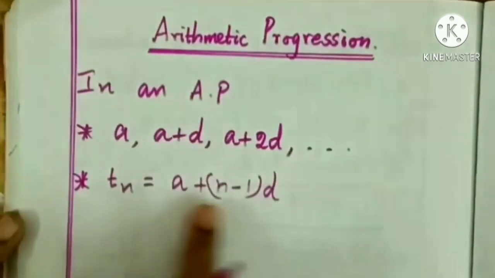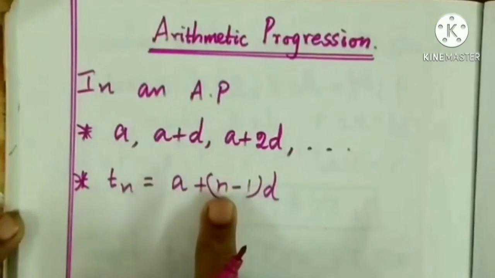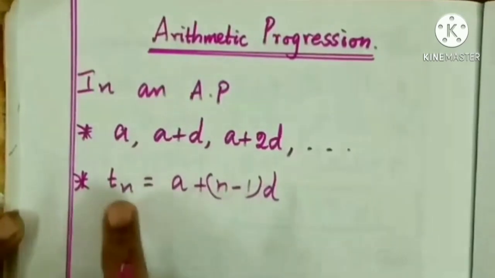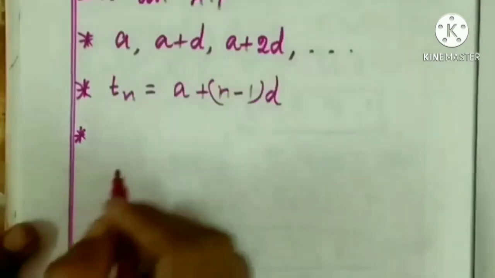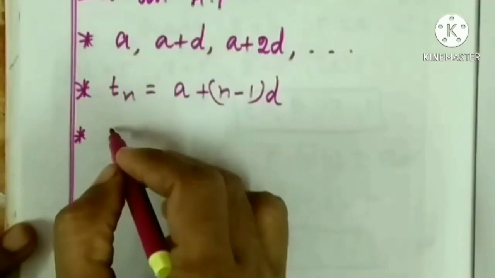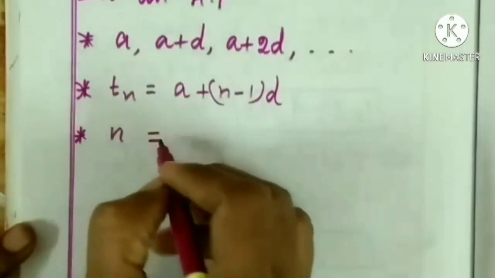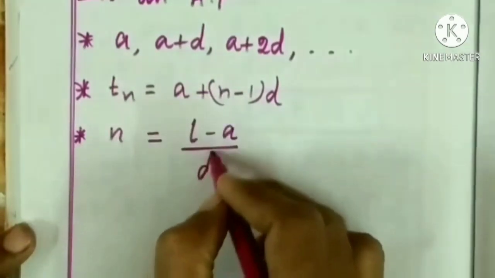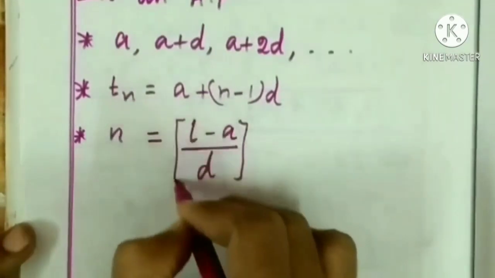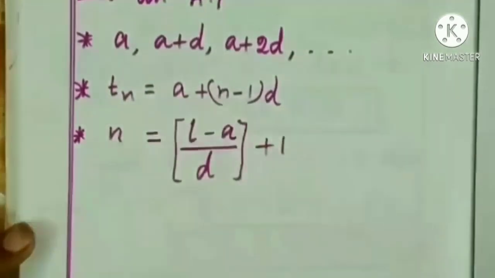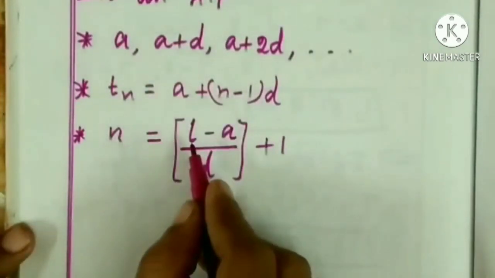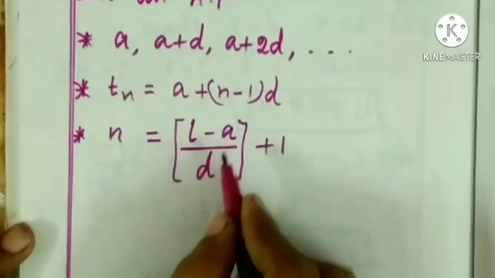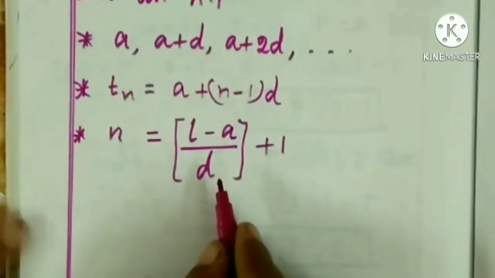Here a is first term, d is common difference and n is the nth term. The next point, number of terms of an AP is equal to l minus a divided by d plus 1. Here l is the last term, a is the first term, d is the common difference.